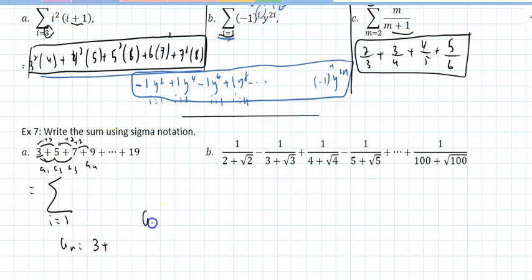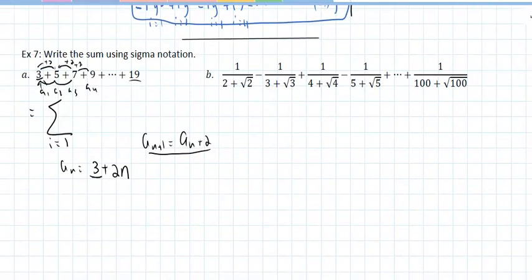I could say to find any term, take the previous term and add 2 to it. But that doesn't fit what I need. Instead, I'm trying to find a formula. I'm tempted to say, since you add 2 every time, take whatever this number is and add 2 times n, where n equal 1 you add 2, n equal 2 you add 4, and so on and so forth. And does that work?